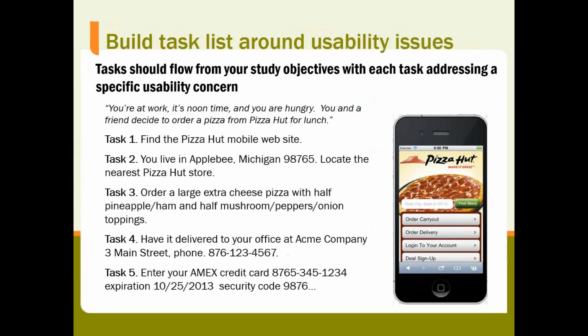Then you take those issues and translate them into the task list, as you see here, and you build that task list as simply as possible around the usability issues, where you have the user doing that task on their own and you're collecting feedback, noticing their reaction.